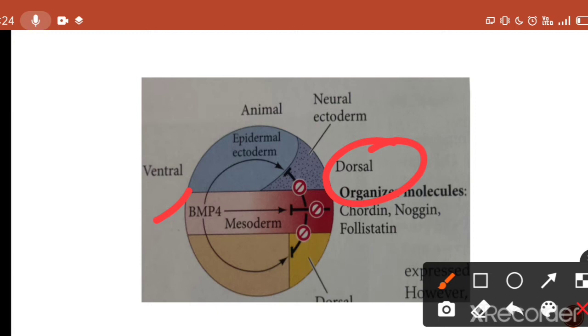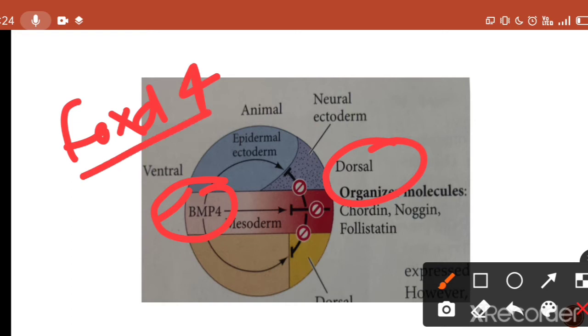In the ectodermal region, BMP represses genes such as FoxD4 and neurogenin.